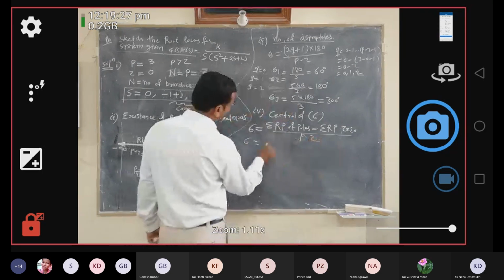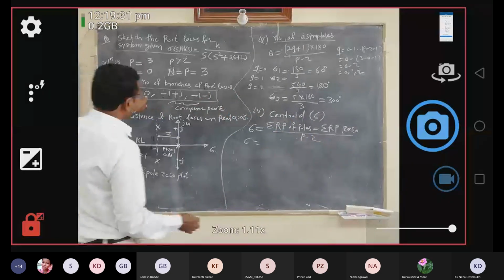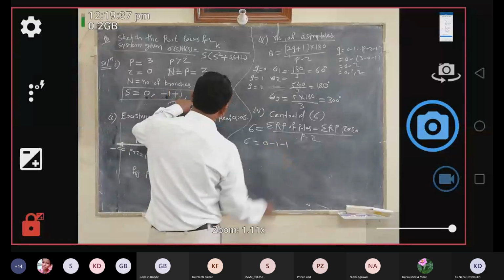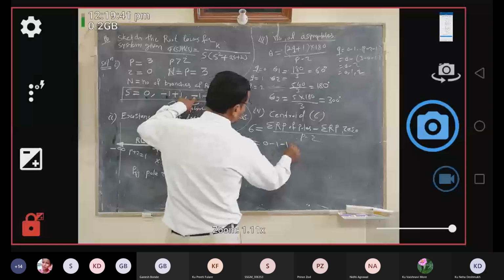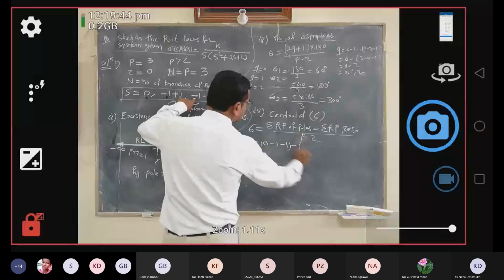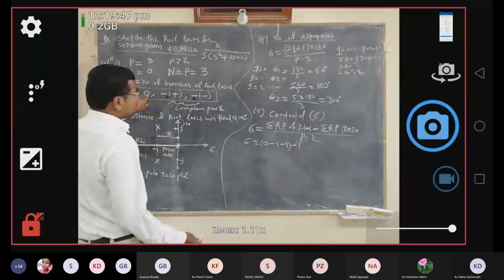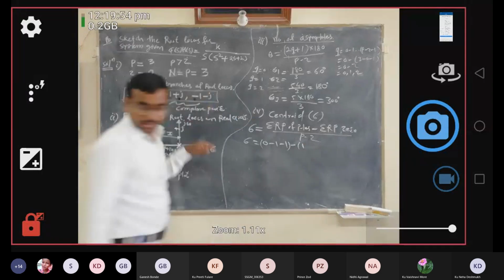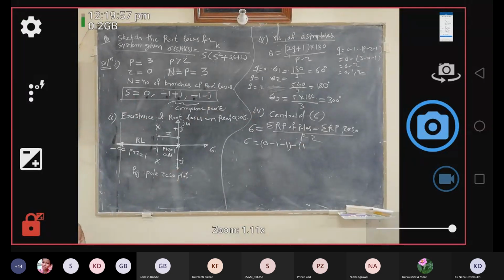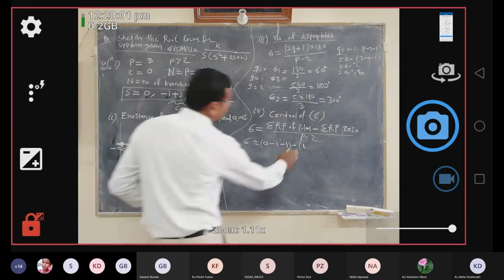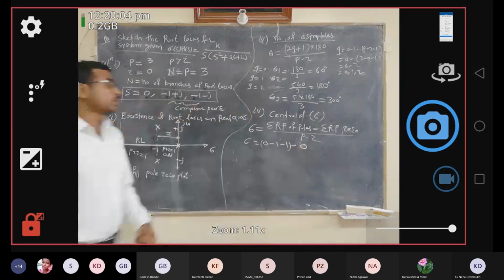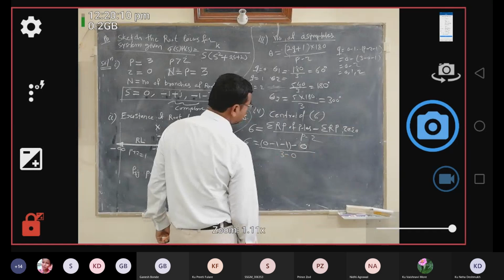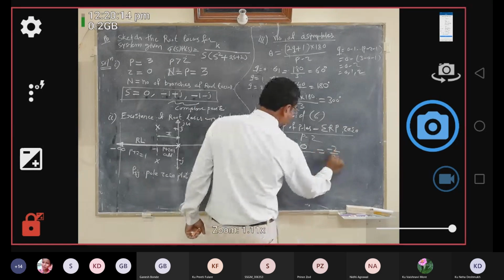So sigma is equal to summation of real part. तो पहला पोल का रियल पार्ट 0, सेकंड पोल का रियल पार्ट -1, थर्ड पोल का रियल पार्ट -1, देन इमेजिनरी पार्ट माइनस, ये ब्रैकेट में ले लो, इसका रियल पार्ट 0, इमेजिनरी पार्ट 1, -1. ओके, सॉरी 0 है नहीं, therefore it could be 0 divided by P minus Z. So P minus 0, so it could be -2 by 3.